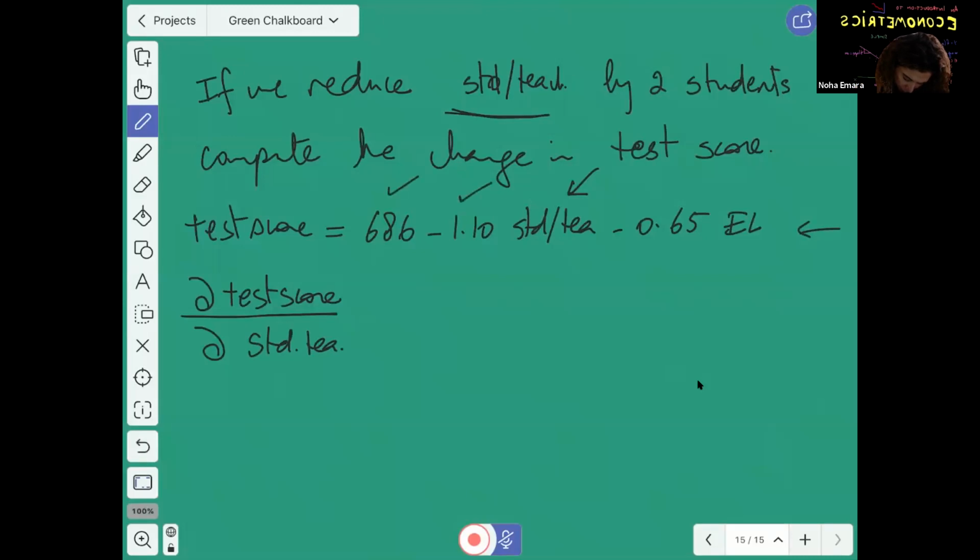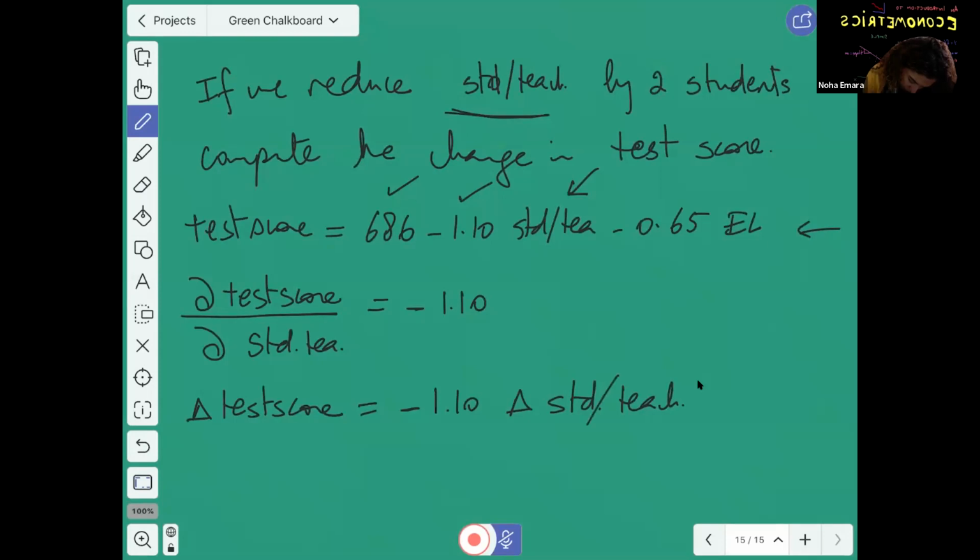Then I need to use this one, so it's going to be negative 1.1. Okay, and that's it. So this is the derivative. Or I can write it nicely. I prefer to write it in terms of deltas. So the change in the test score is equal to negative 1.10 change in student per teacher ratio.